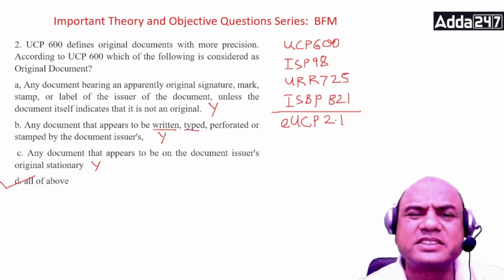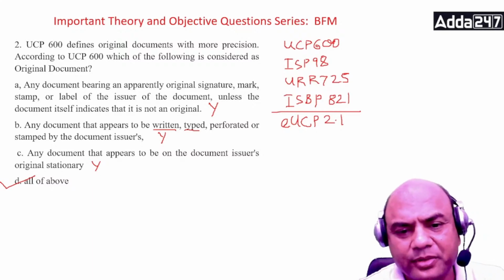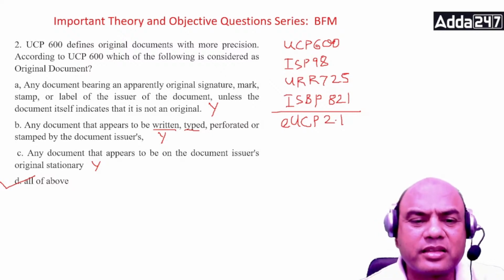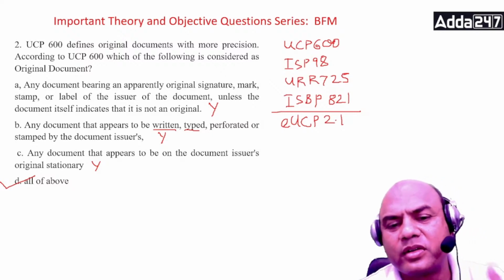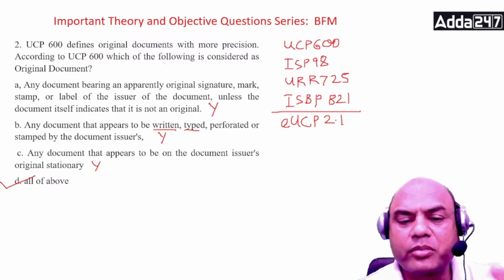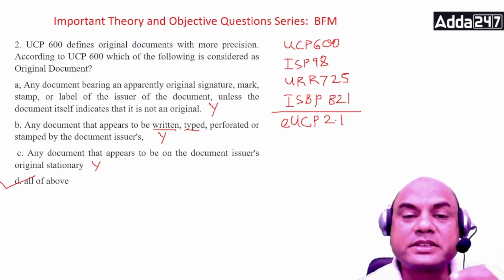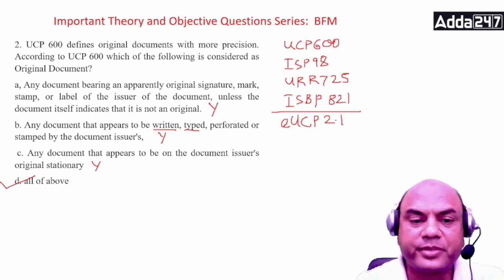Means if the document says it's a copy, then it's a copy. Or any document that appears to be handwritten, typed, perforated or stamped, or any document that appears to be on the letterhead of that issuer. So Article 17 defines this correctly. Got it?